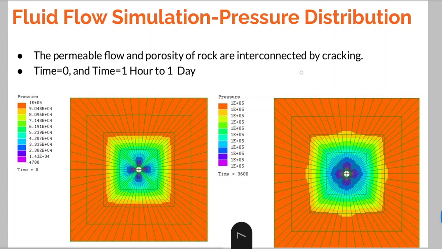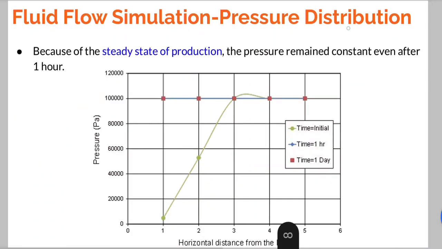Also, the pressure distribution for different times, at 0 and after 1 hour. Actually, the pressure reaches steady state after 1 hour or 1 day. This is the graphical result for the pressure distribution as shown before.